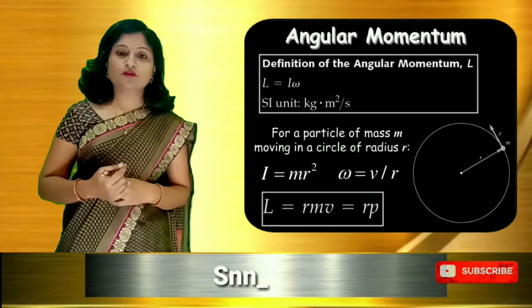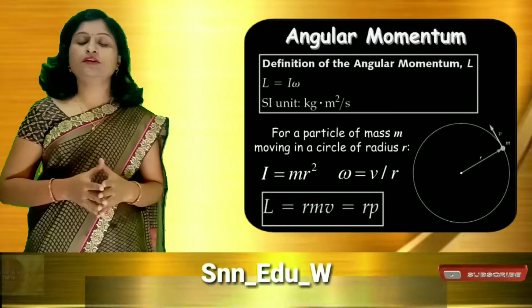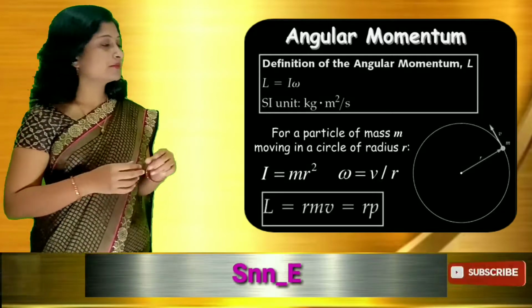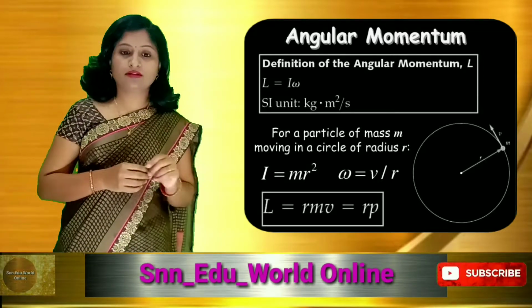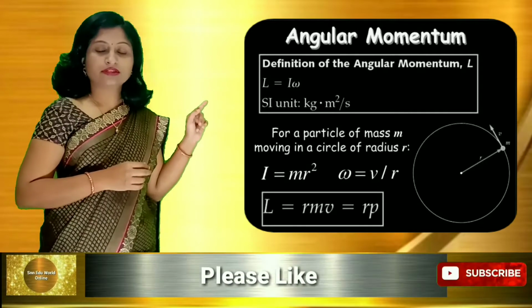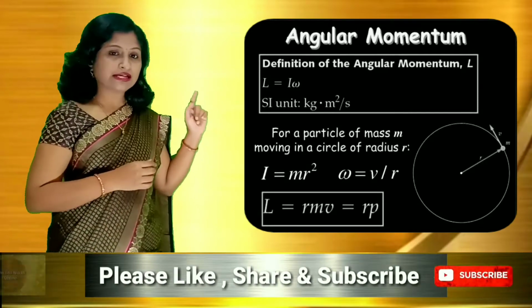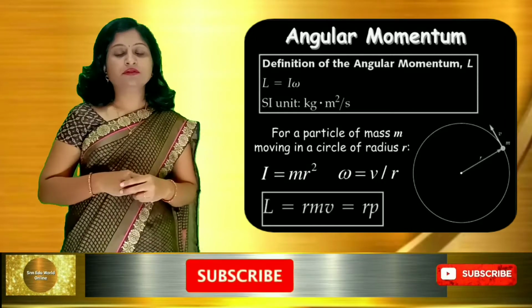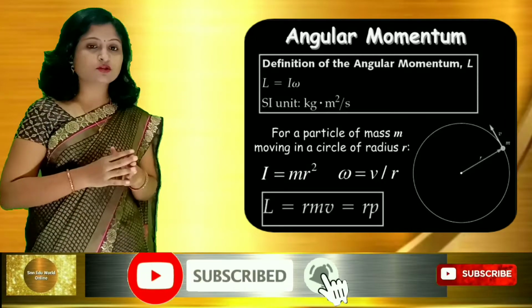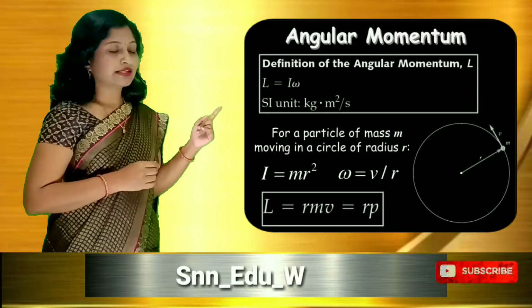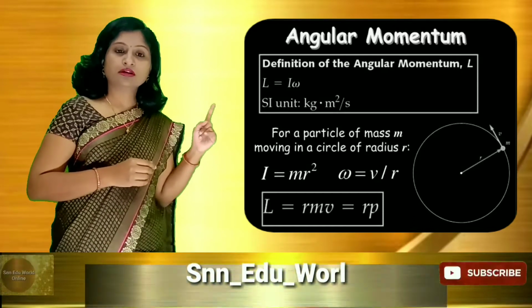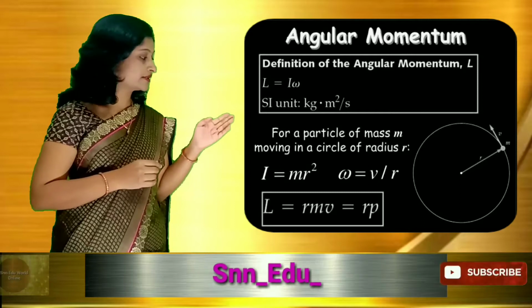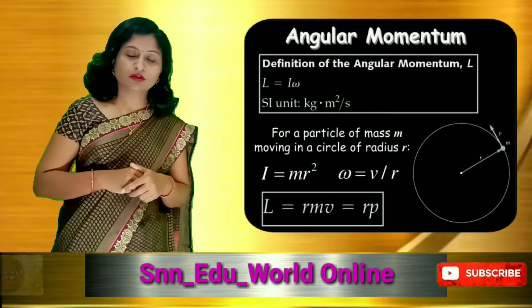Now there is another form for this L. So what is that other form? From the basic formula of I and omega. Moment of inertia I is given by mr square and omega is given by v by r. If we substitute these values, we will get L is equal to mvr, or written as rmv.